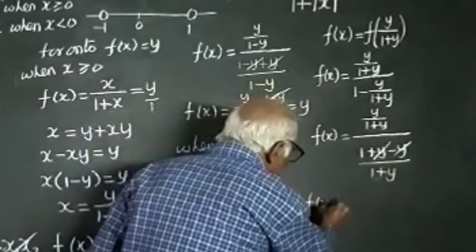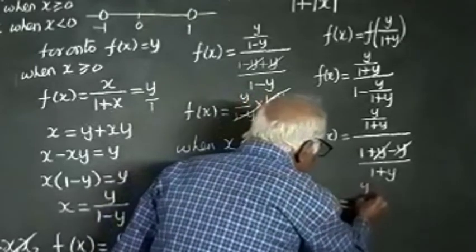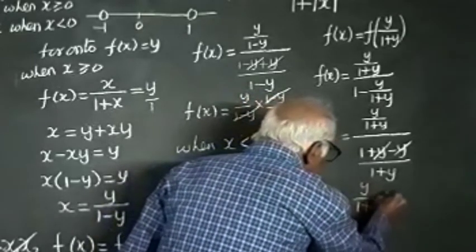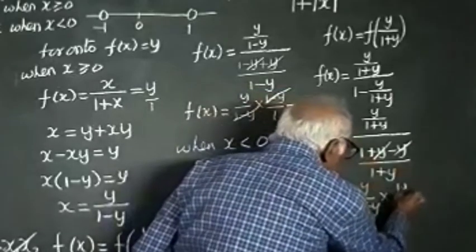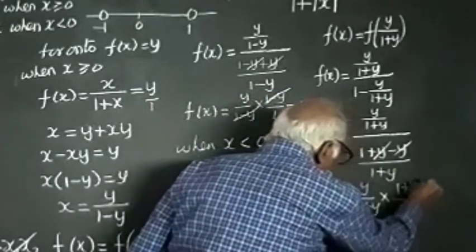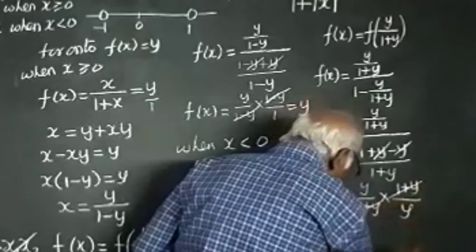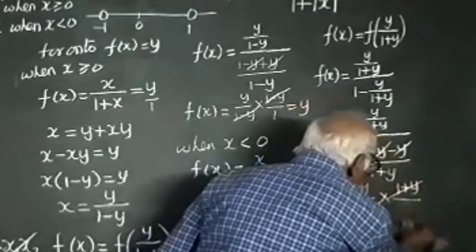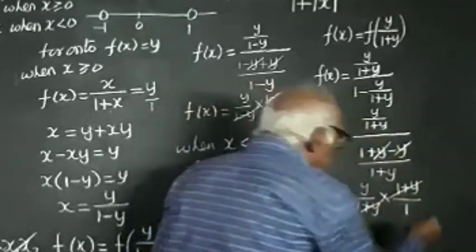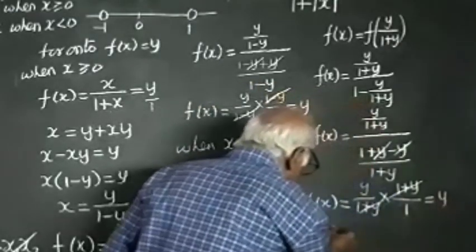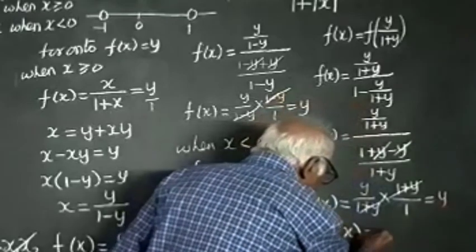So f of x is equal to y by 1 plus y into the reciprocal, 1 plus y by 1. So 1 plus y and 1 plus y cancel, and it is equal to y. So here also f of x is equal to y.